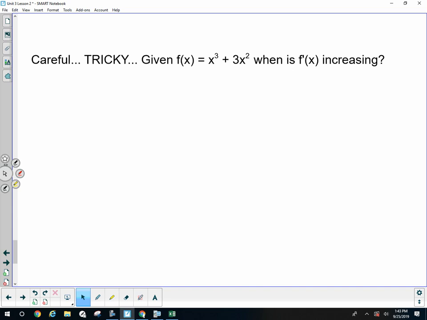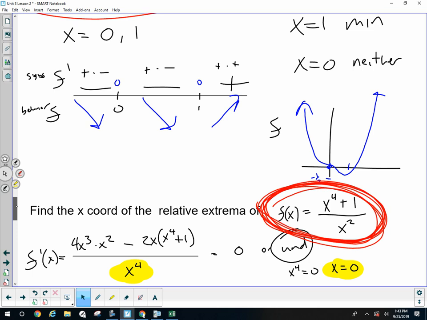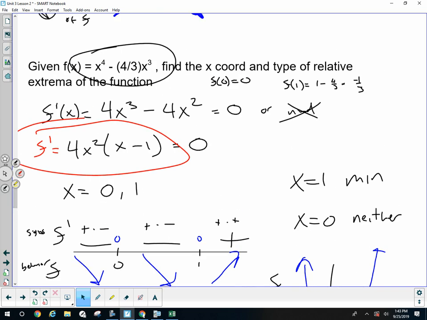When is f prime increasing? And what's really important is, for all of these previous questions, I could have asked you, for this one, when is f increasing? And you'd say, oh, f is increasing when f prime is positive here.